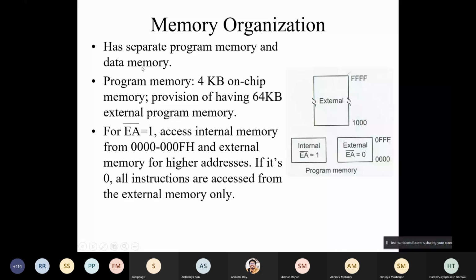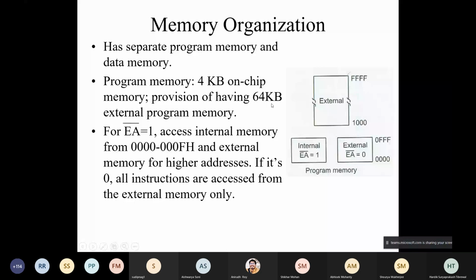Program memory is addressed by the program counter, and data memory is addressed by the data pointer in general, but also the stack pointer and other registers in certain special conditions. Now, part of the memory could be inside and part of it could be outside. Look at this, the program memory: although 4 kilobytes of on-chip memory is present in the 8051 or 89S51, the provision is up to 64 kilobytes. The program counter is 16 bits, so 64 kilobytes, 65,536 locations.